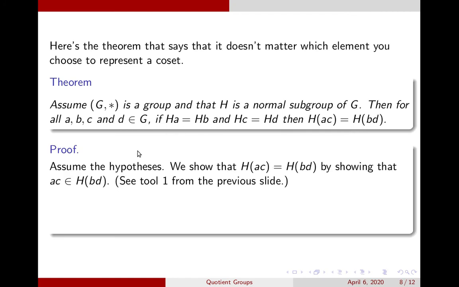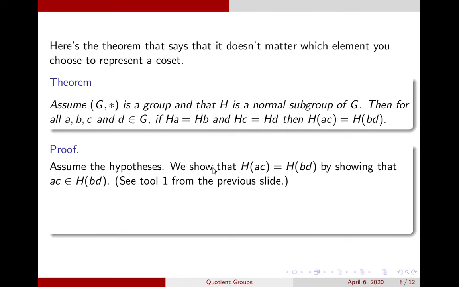Okay, the proof is not hard. We'll assume the hypotheses. So H is a normal subgroup of G, a, b, c, and d are in G, and the hypotheses of this if-then: we're also assuming that Ha is Hb and Hc is Hd.